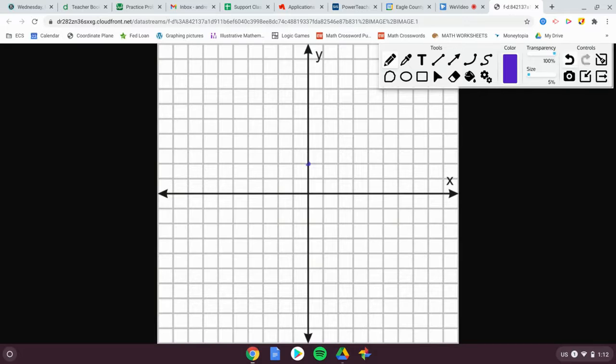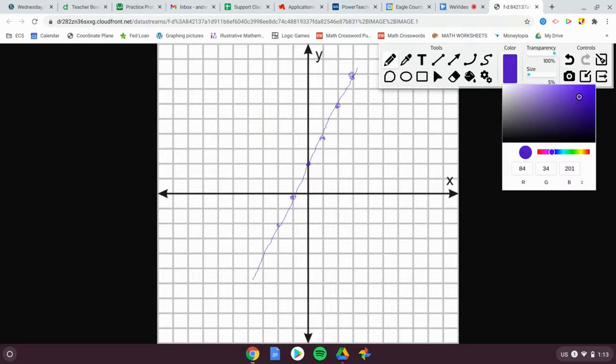There we go. I have a point there, a point here, point here, point here. Okay, so there's a line.